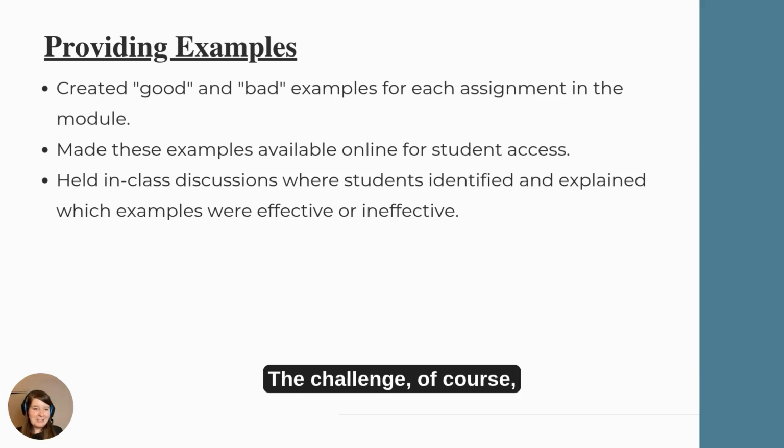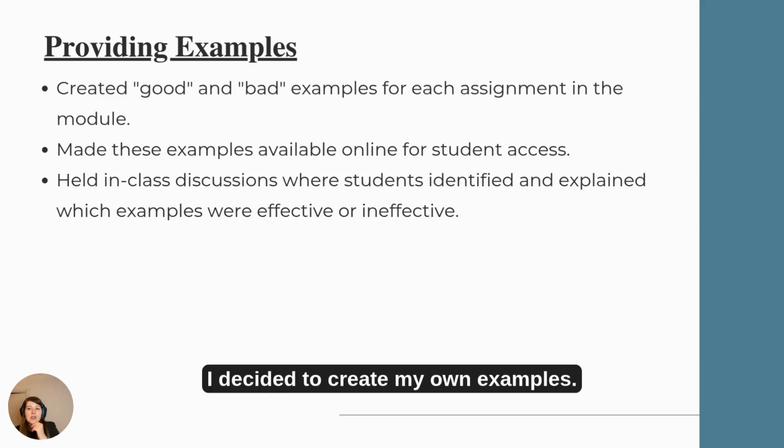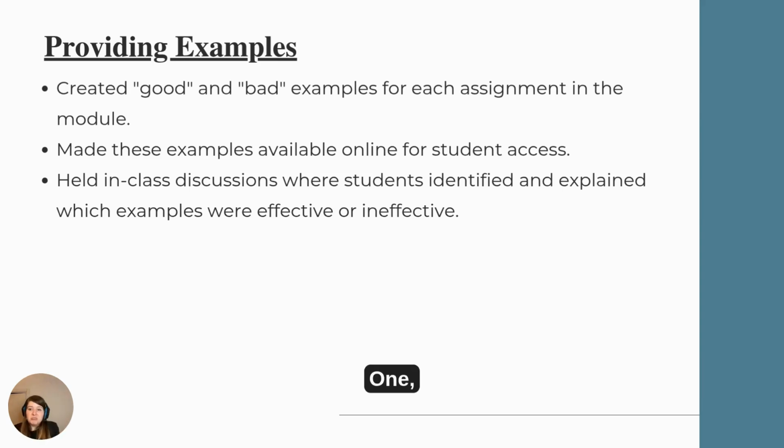So I really wanted to offer the same kind of clarity to my own students. The challenge, of course, was that this was a brand new module, and I wanted to do this for the very first cohort as well. So, of course, I didn't have any real students' work to use as examples. Instead, I decided to create my own examples.